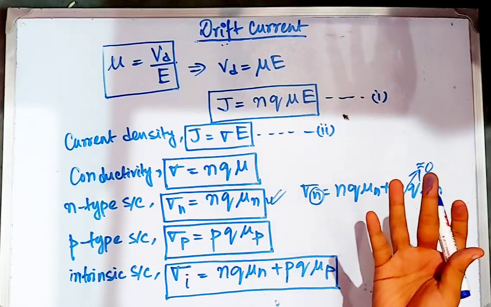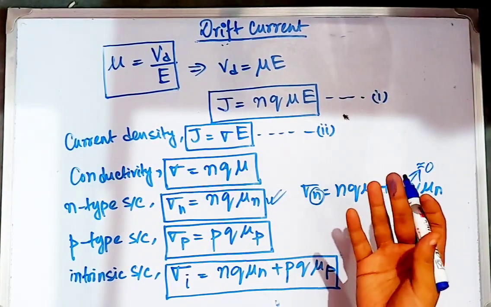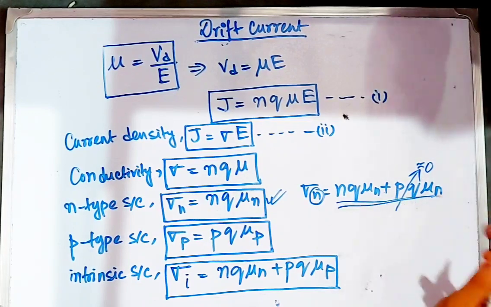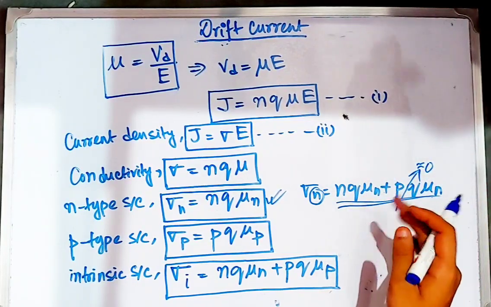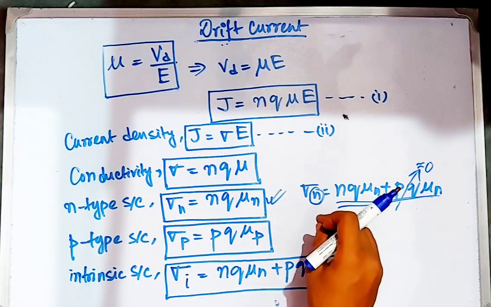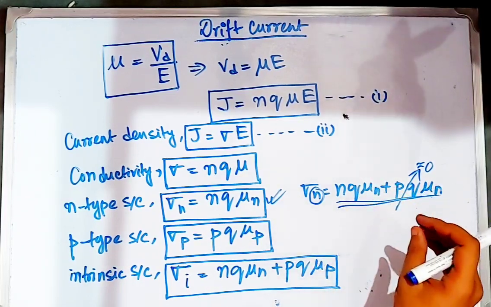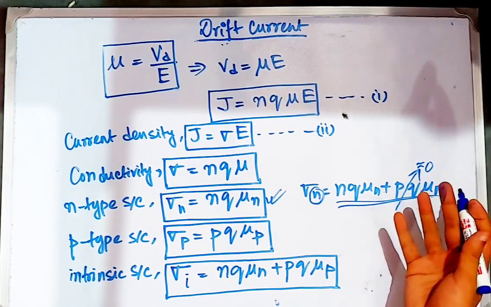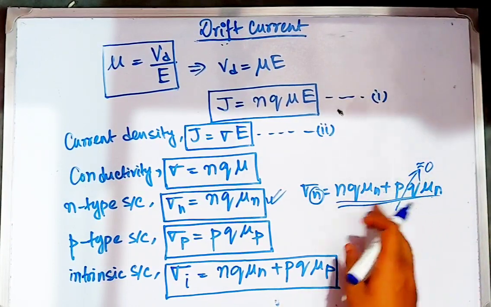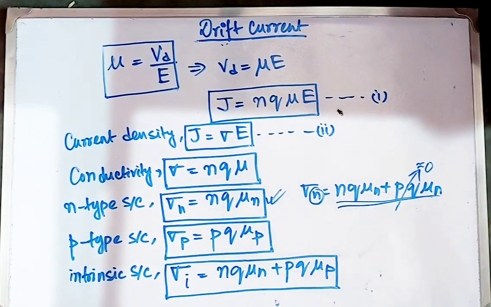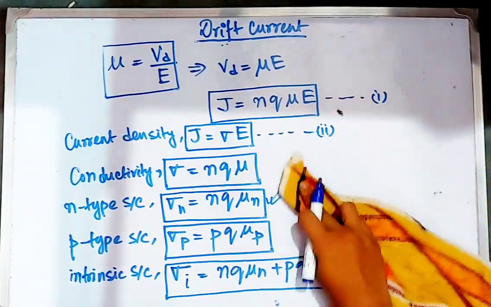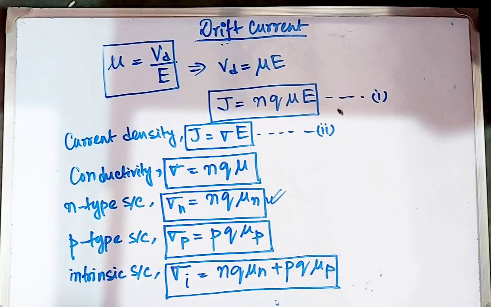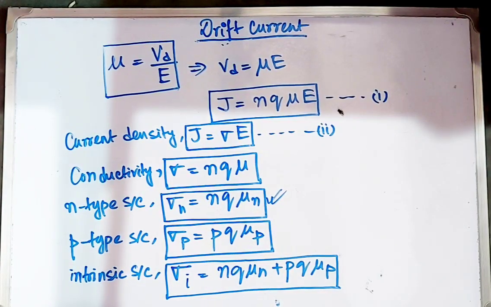But in a specific case if we need this formula, then we will use it. But in general, in case of N-type material, if there is no mention of density of holes, then we don't need to use this formula. We will use directly this formula. So this is the formula of conductivity.